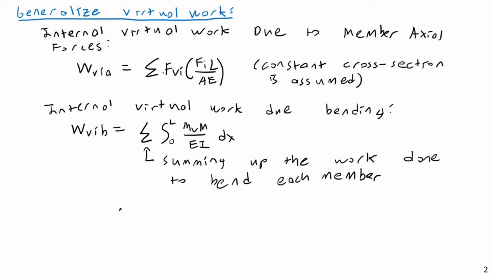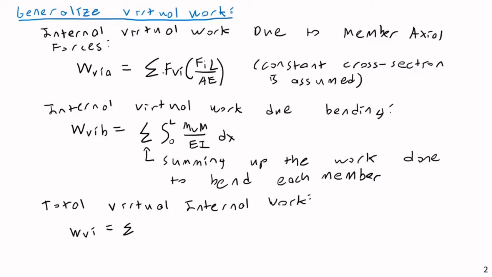So if I combine together, then the total virtual internal work, WVI, will be equal to the sum. Because we're dealing with energy methods, one of the really nice things about energy methods is you can simply add them together.